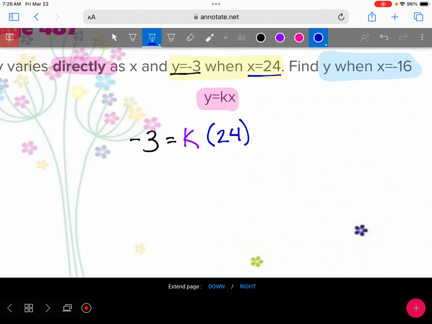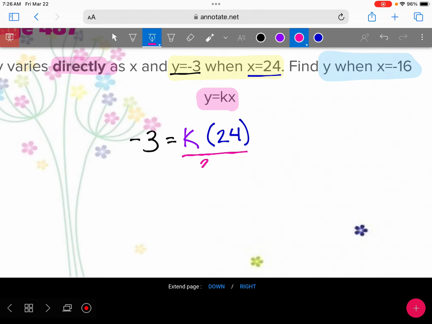How can we figure out what k is? How can I get k by itself? It's like we're going to divide because they're currently being multiplied.